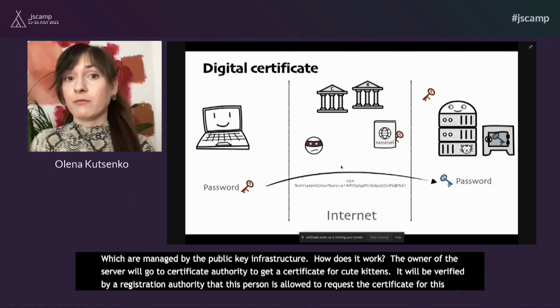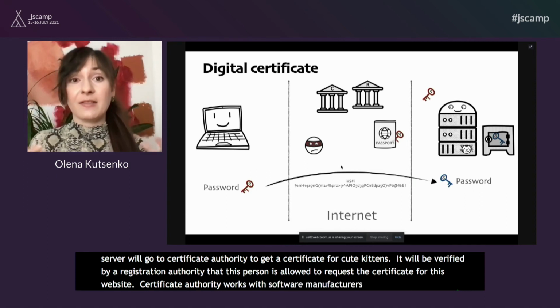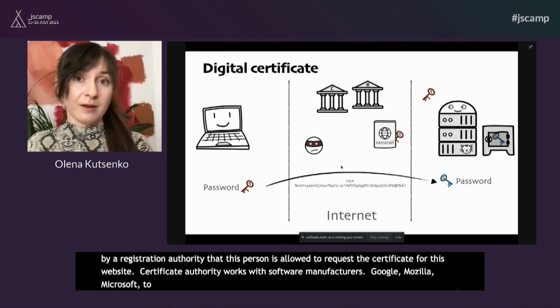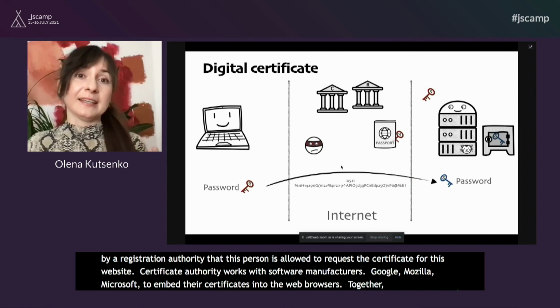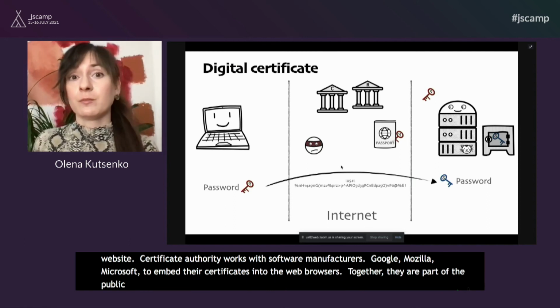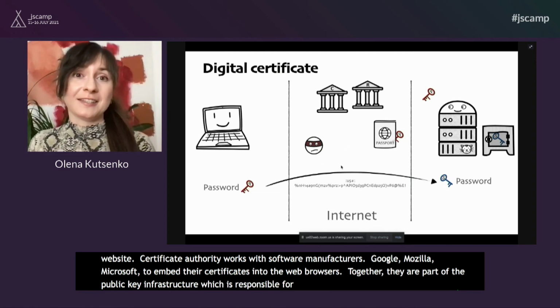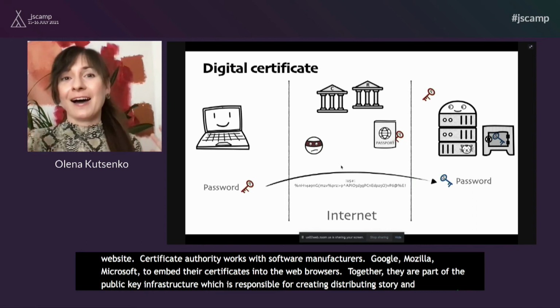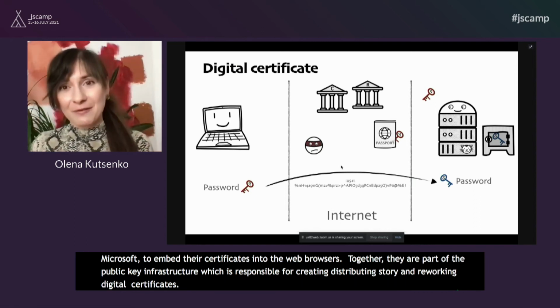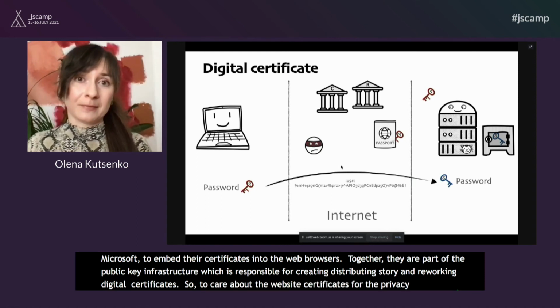Certificate authorities work with software manufacturers, Google, Mozilla, Microsoft, to embed their certificates into the web browsers. Together, they are part of the public key infrastructure, which is responsible for creating, distributing, storing, and revoking digital certificates. So please take care of your website certificates. For the privacy of the users, we must keep them secure and up to date.